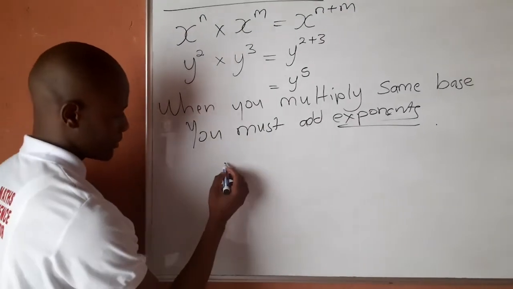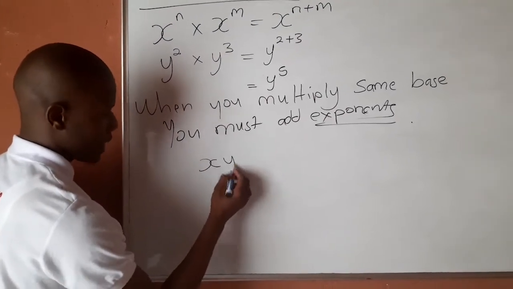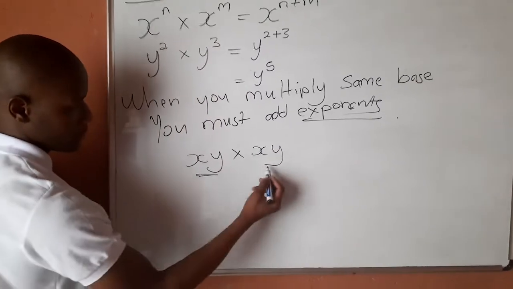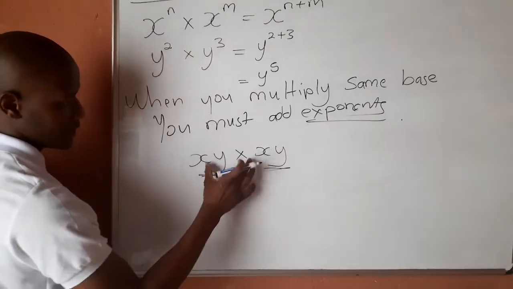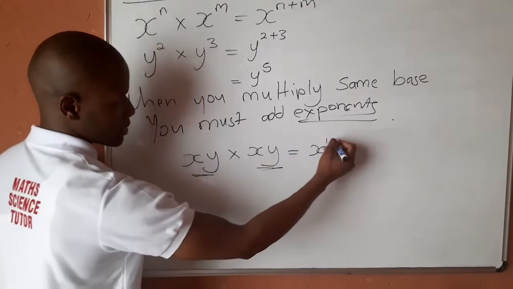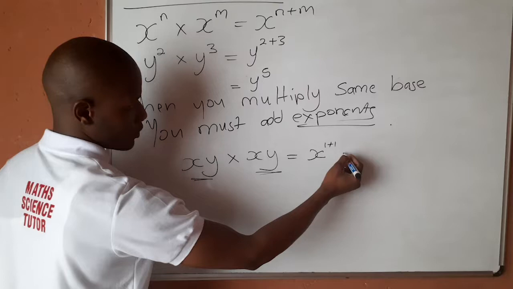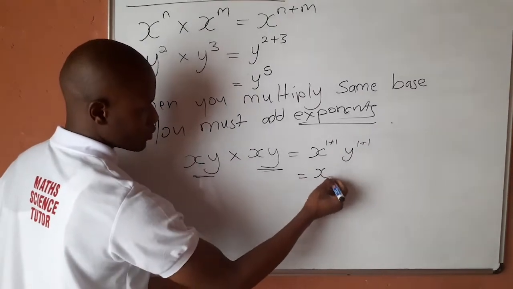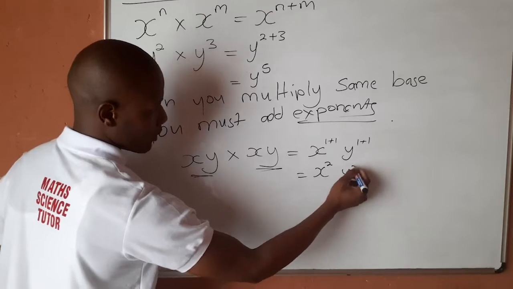It means xy multiplied by xy. We're multiplying same base, therefore we add the exponents. It's going to be x to the power 1 plus 1, y to the power 1 plus 1, which is the same as x to the power 2 y to the power 2.